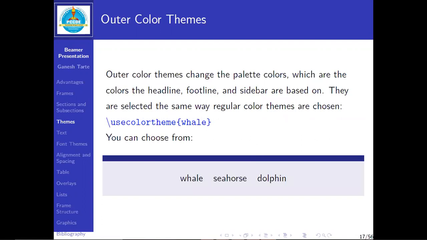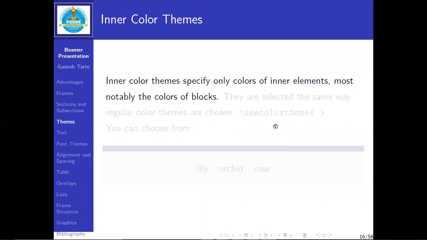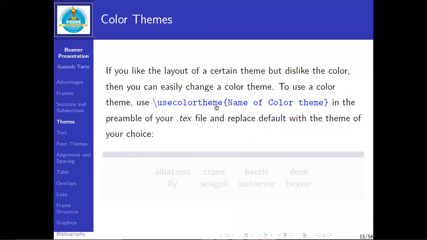If you observe carefully in these three frames, outer color theme, we have the same command, usecolortheme. In inner color theme, again usecolortheme, and for this usecolortheme. So all commands are the same, but the names of these colors are different.